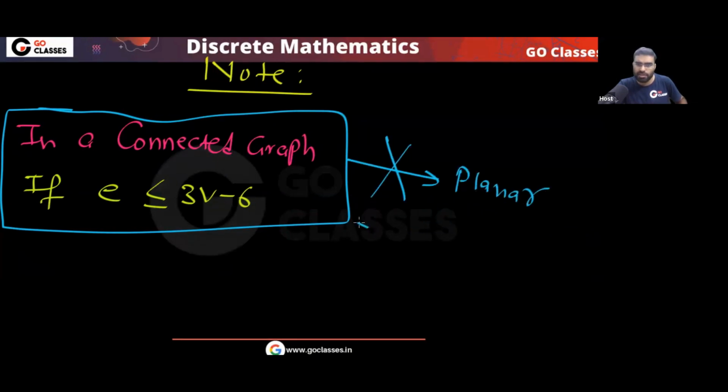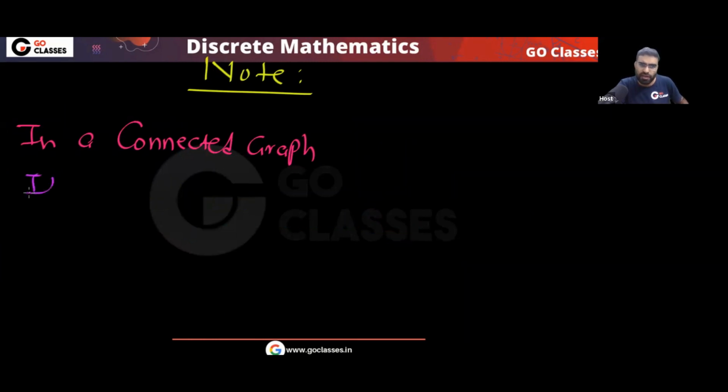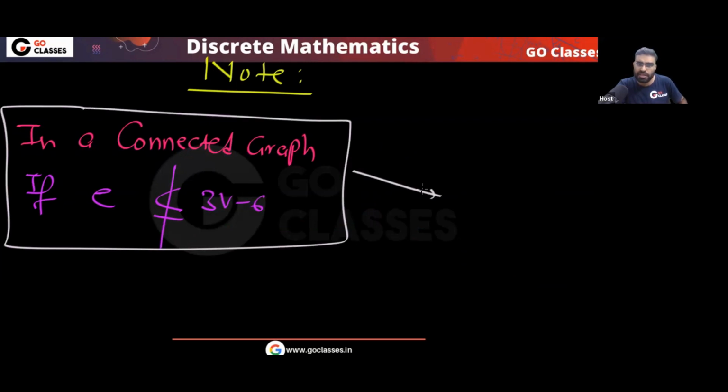It does not mean you have planar, and it does not mean you have non-planar. Basically, you cannot say anything. Very simple. But if this equation 3v minus 6 is not satisfied, then you can say it is not planar.